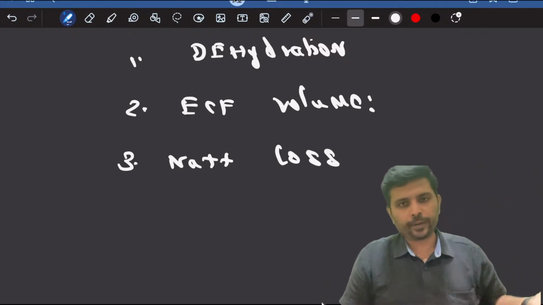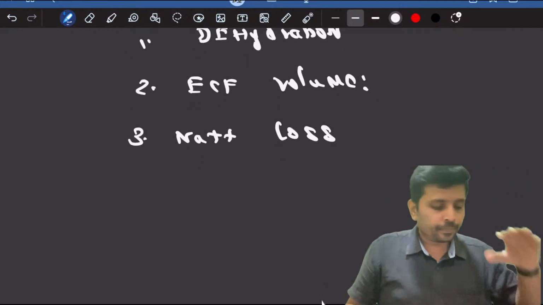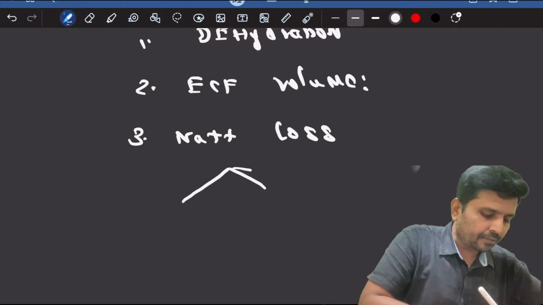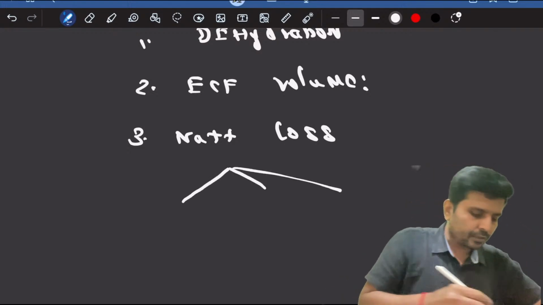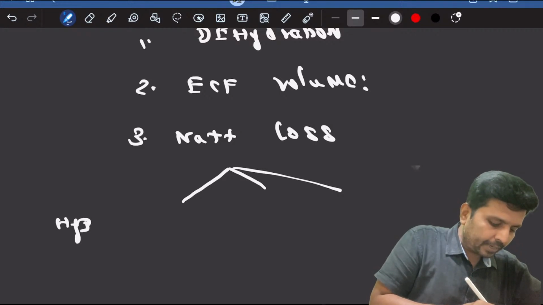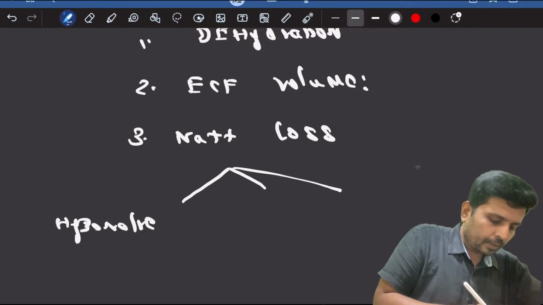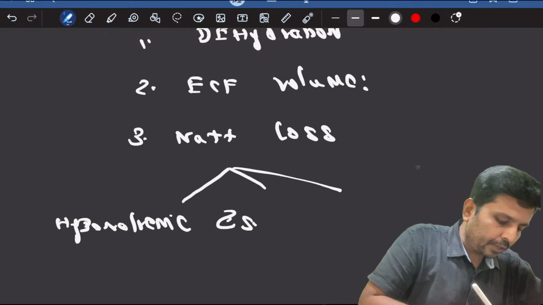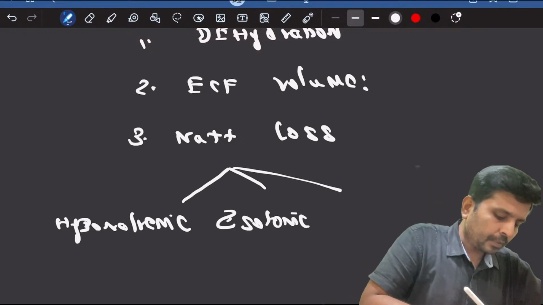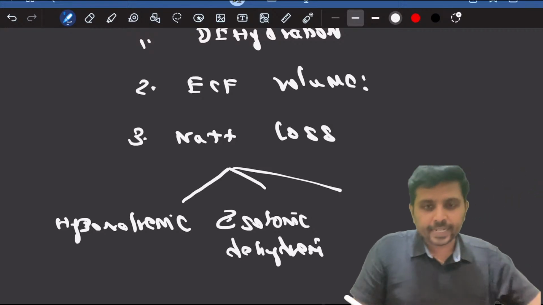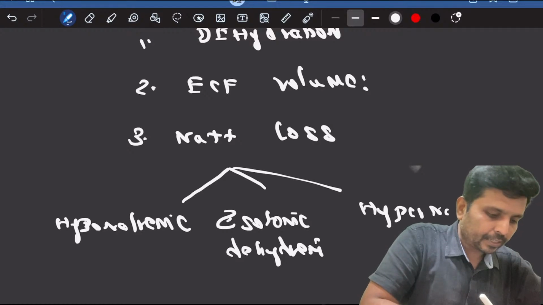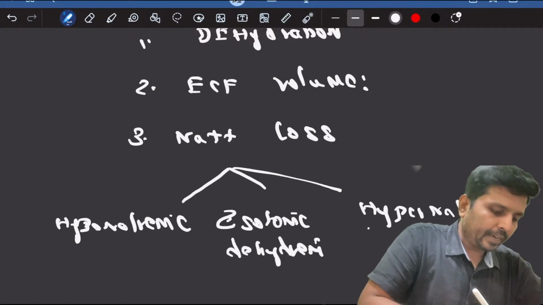Sometimes this sodium loss and ECF loss can be classified into three: hyponatremic dehydration, isotonic dehydration, and hypernatremic dehydration.